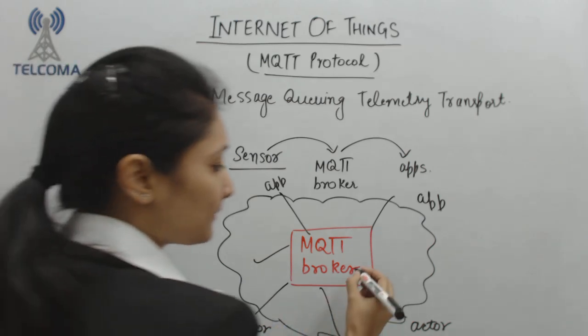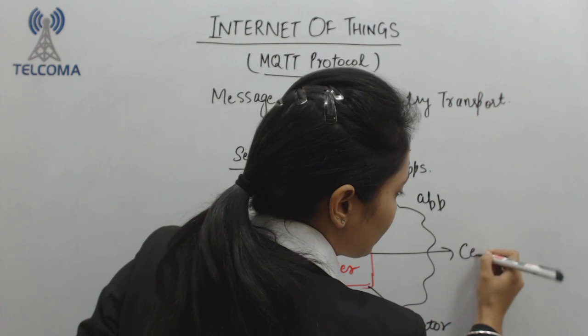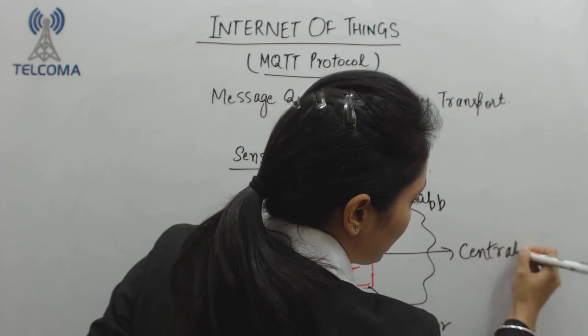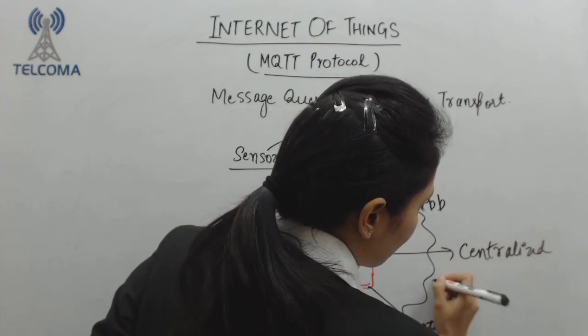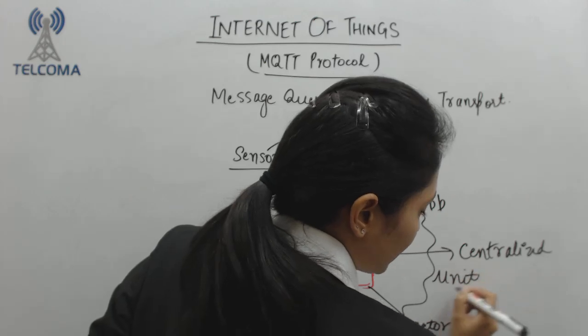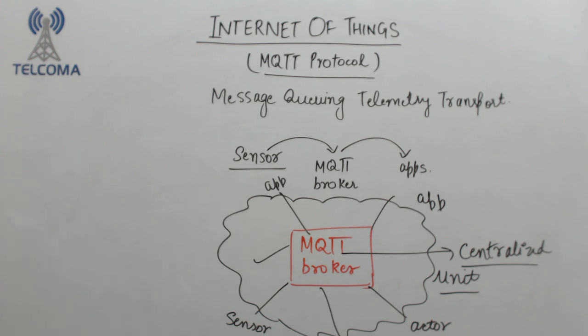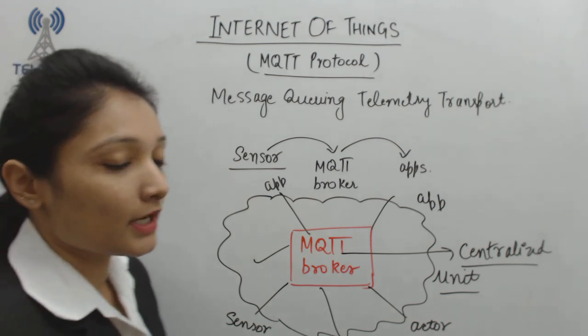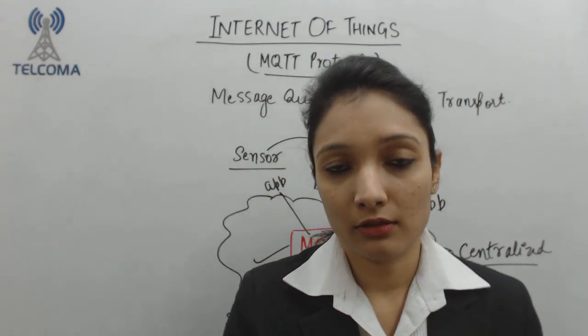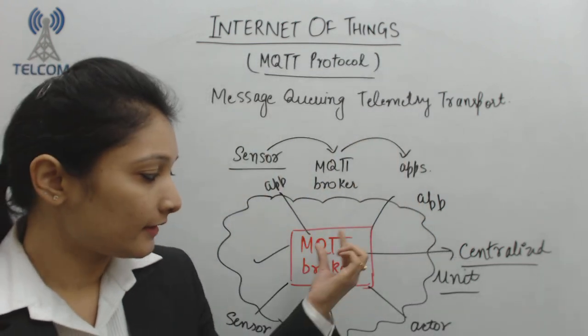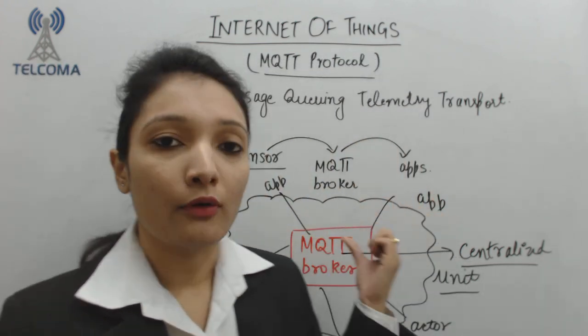So we can say that this MQTT broker is the centralized unit of this protocol, because the application and these nodes are not directly communicating with each other, but rather the data is collected here and then it is forwarded to the app.